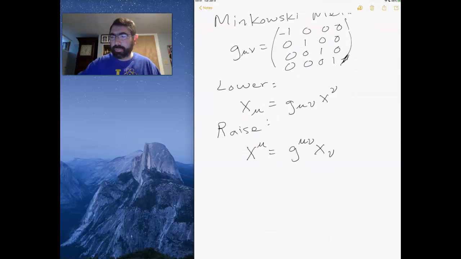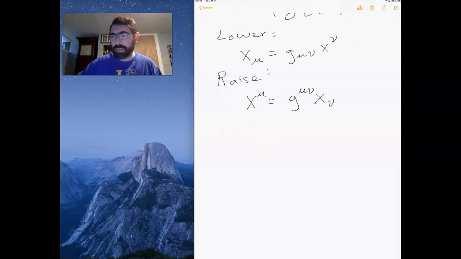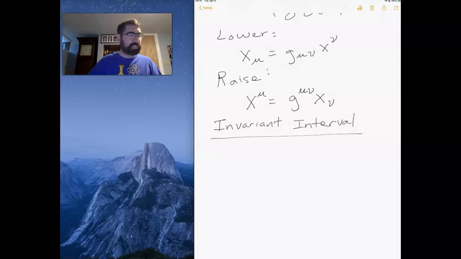One thing we're going to be dealing with is what we call the invariant interval, which is essentially the dot product of itself. So you're finding the magnitude squared.